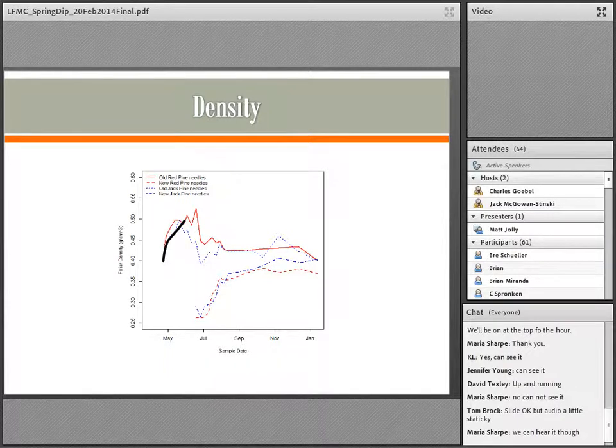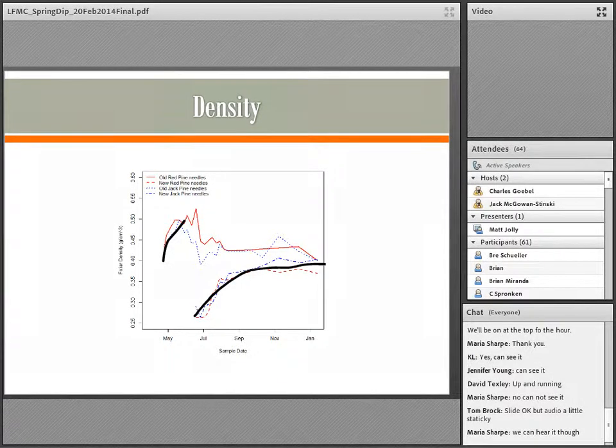So what we see is nearly a 20% or 25% increase in the needle density for both species. And conversely, what we see for the new needles is that they actually start down really low, and their density increases as they develop. What you'll notice is that this looks exactly like the previous slide that shows the moisture content, in that almost all of the changes that we see in the quote-unquote live foliar moisture content actually perfectly track changes in the particle or the needle density.